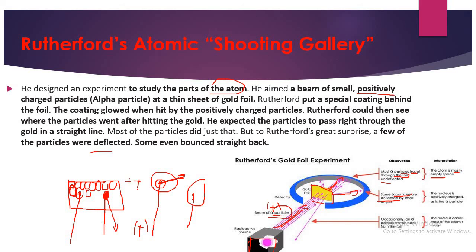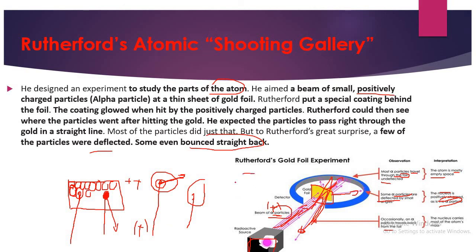So when two positive particles, like an alpha particle and the positive charge inside the nucleus, hit together, it will deflect. It means that the nucleus is positively charged, as are the alpha particles. But occasionally some of the alpha particles bounce straight back from the foil. Some travel backward. This means what?